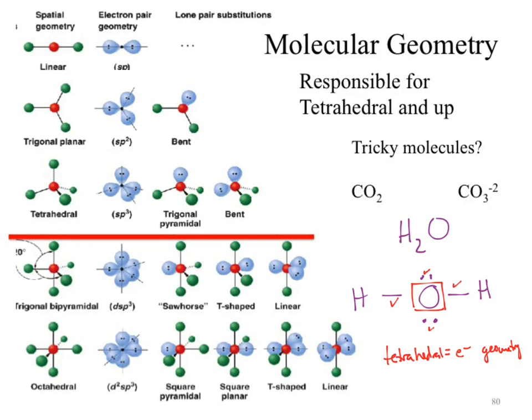This has how many bonding groups? 3. So that doesn't work. I move to the next one, and I have 2 bonding groups, 2 non-bonding groups, and I have the bent shape. The molecular geometry for water is bent based off of our VSEPR models.